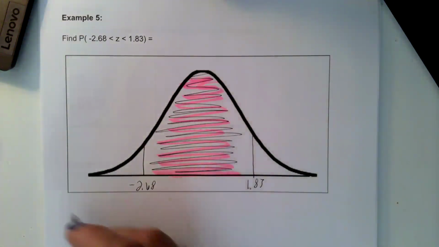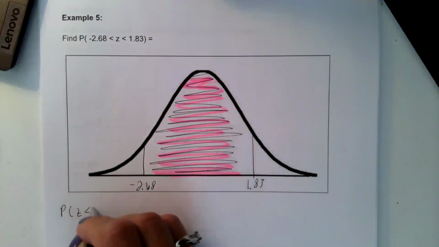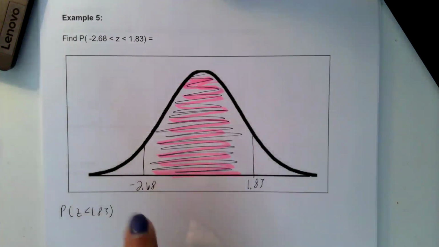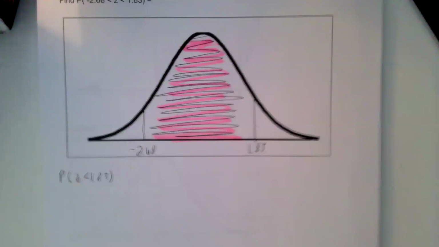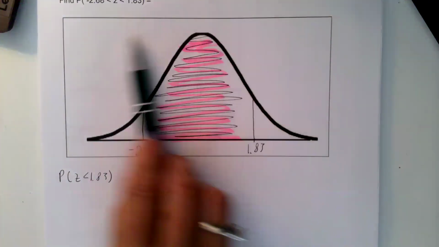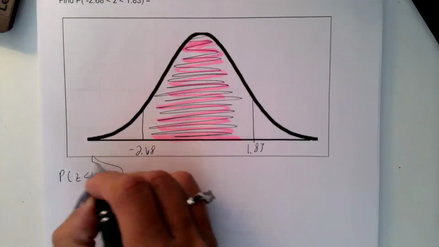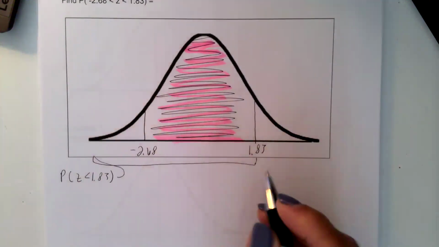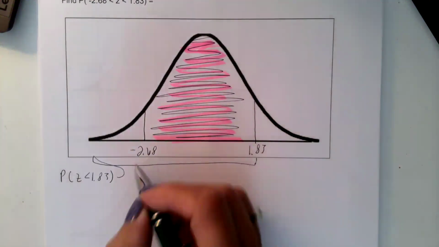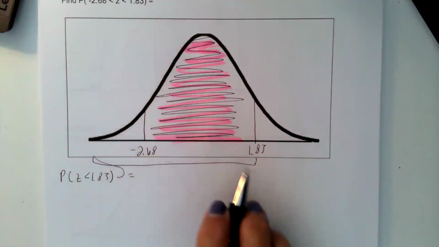So if I put in the probability of Z being less than 1.83, because I do want left-hand area, this right here is going to give me all of this right here. Okay.